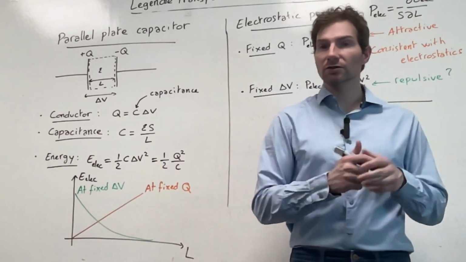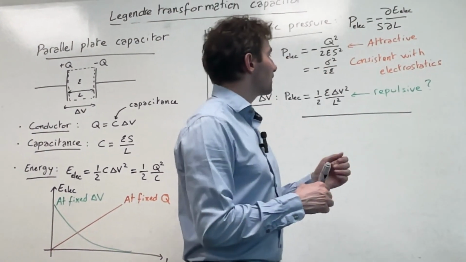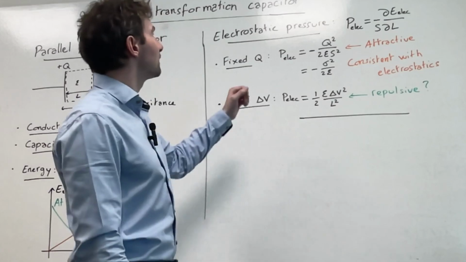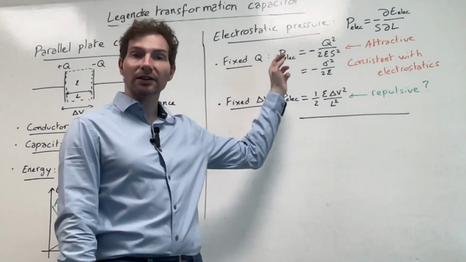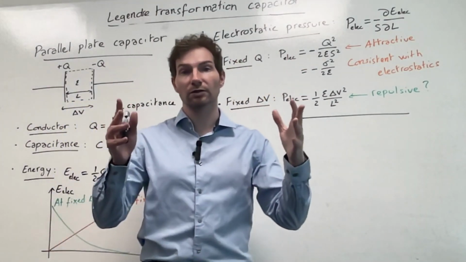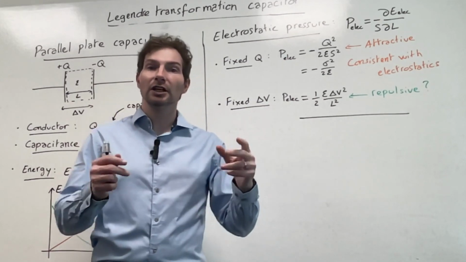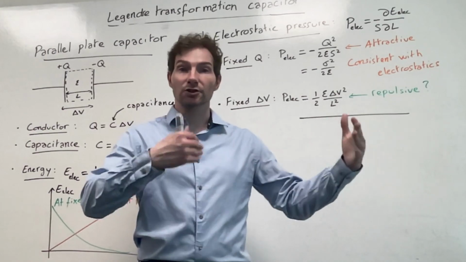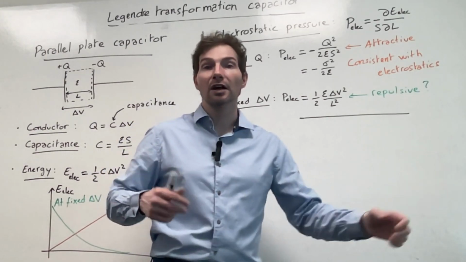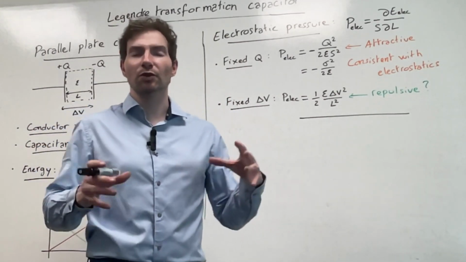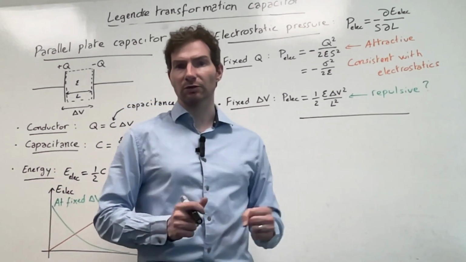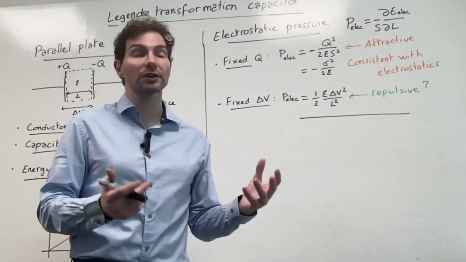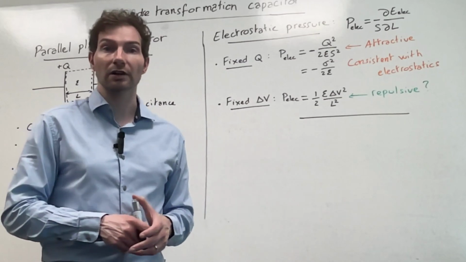then it stands to reason to assume that we can obtain the electrostatic pressure from it. After all, we've got an electrostatic energy. If we differentiate that electrostatic energy with respect to L, the separation between the plates, then we should get the corresponding driving force between them, which we will interpret as being the electrostatic pressure.